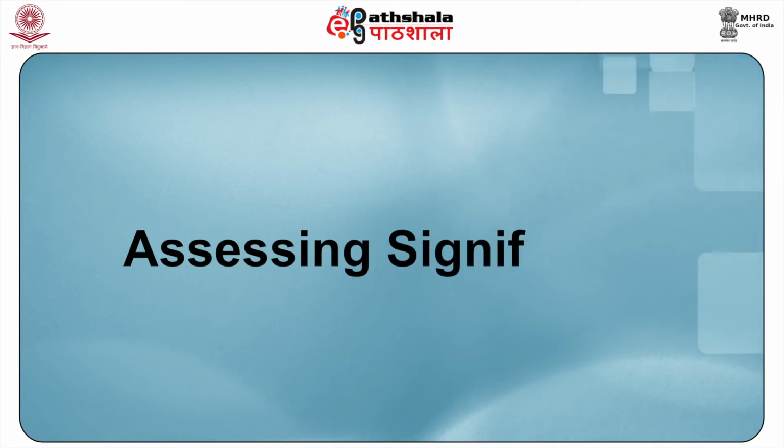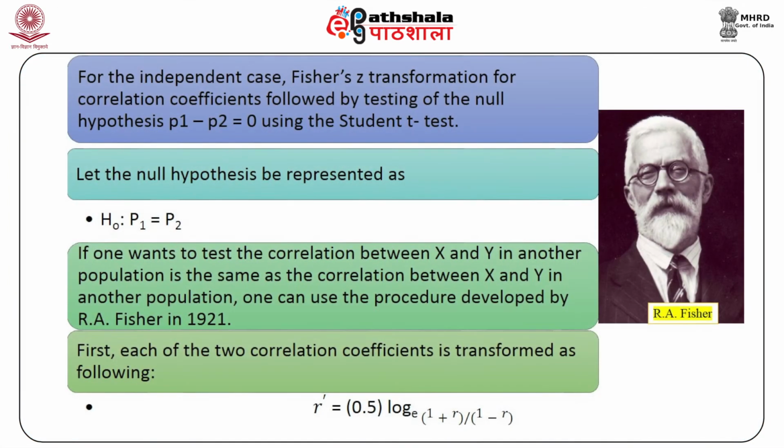Assessing the significance. For the independent case, the Fisher's Z transformation for correlation coefficients is followed by testing of the null hypothesis rho 1 minus rho 2 equal to 0 using the student's t-test. Let the null hypothesis be represented as H0: rho 1 equal to rho 2. That is, the two are equal or the difference between them is 0.